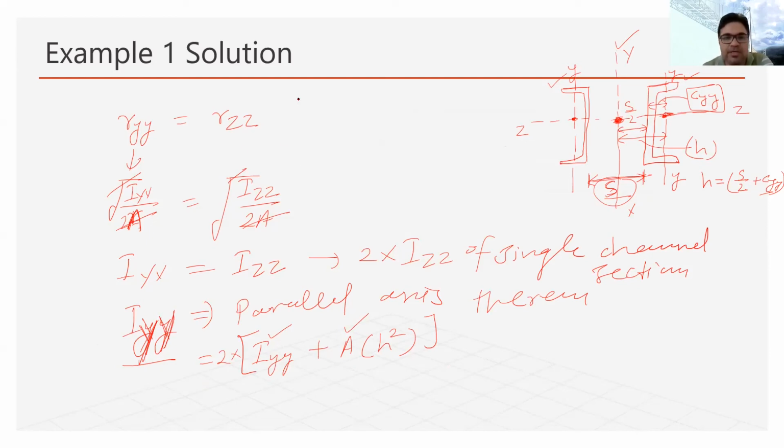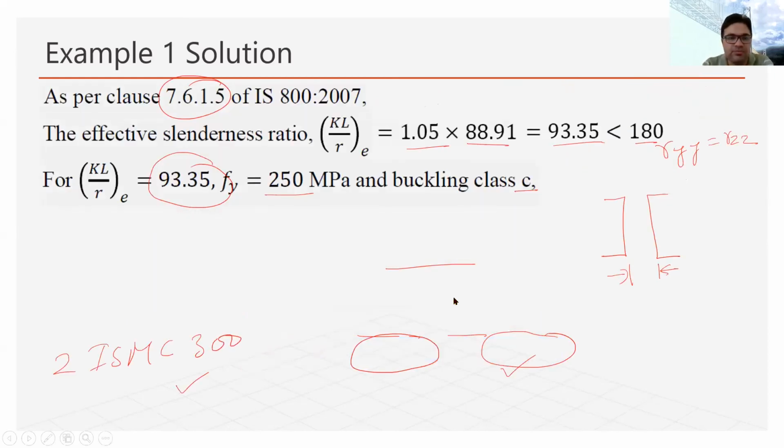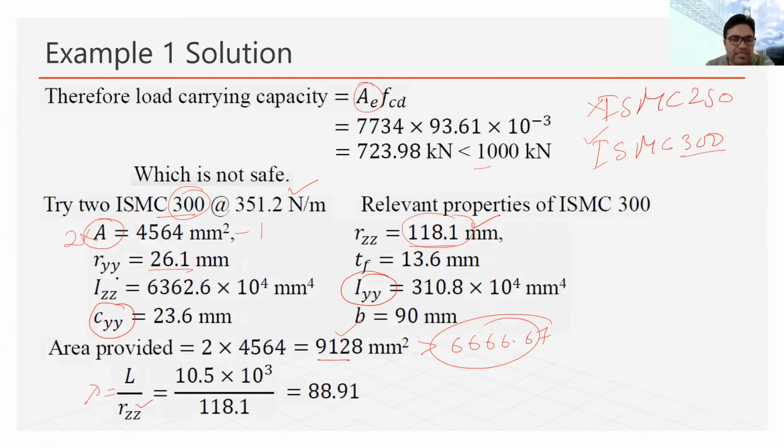So the IYY value will be 2 multiplied by IYY plus the area of cross section of one channel section multiplied by h, where the h value is S by 2 minus CYY, which is 21.6, squared. We will equate this with 2 multiplied by IZZ. This IZZ value is already given in the steel table. I am showing you that value again. There you can see the IZZ value is given here also.